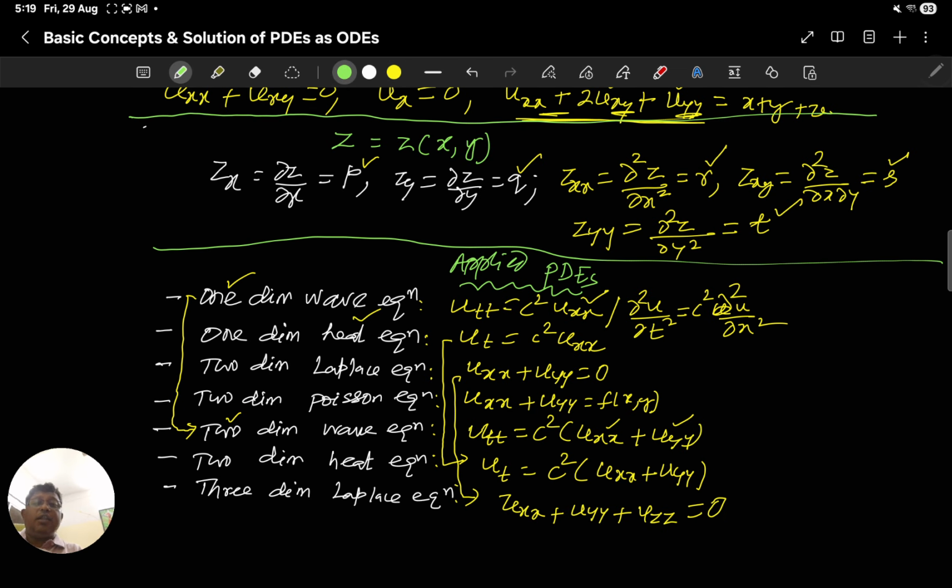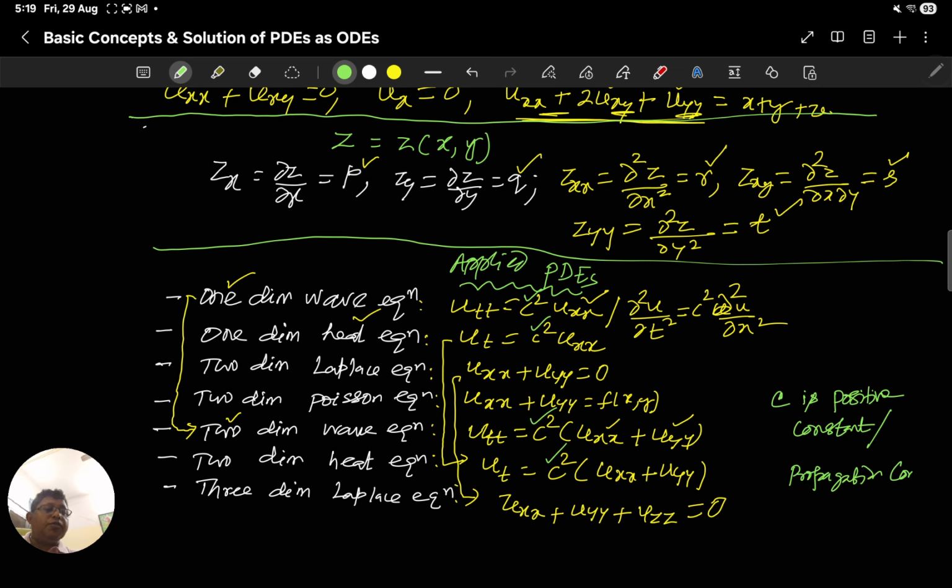Now you note that in all these cases we have this c. Since we have taken c square, c must be a positive constant. We call it the propagation constant.